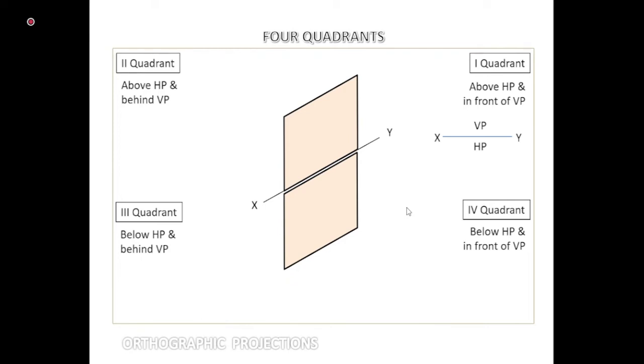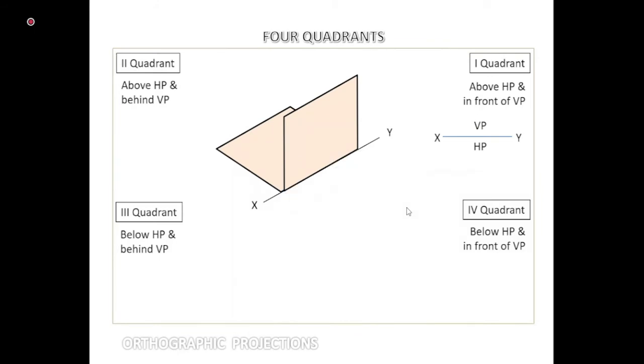Below the XY line. Yes, these are the standards. Nobody is going to tell you that this is the front view, this is the top view. If you know the way the projection has been drawn, then you can easily infer it from the drawing.